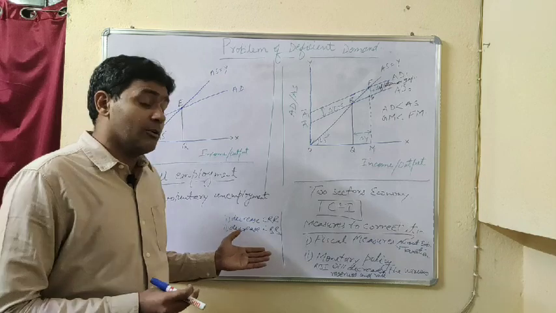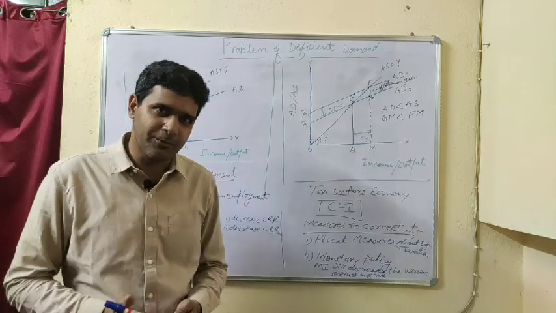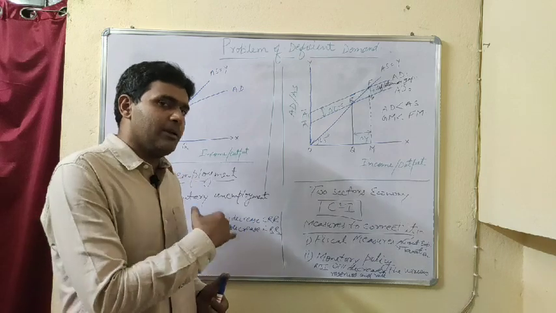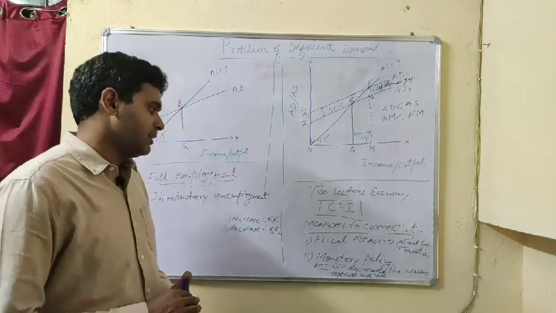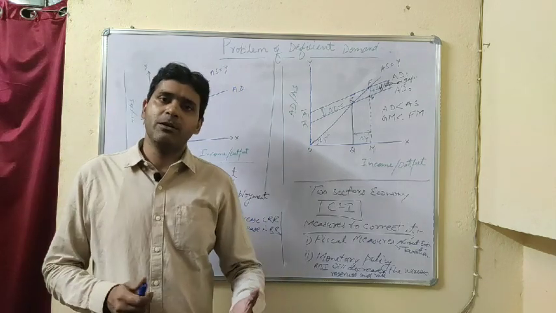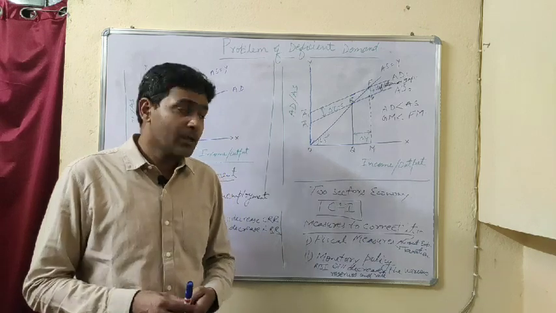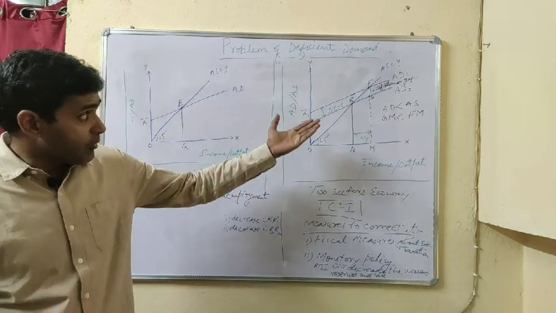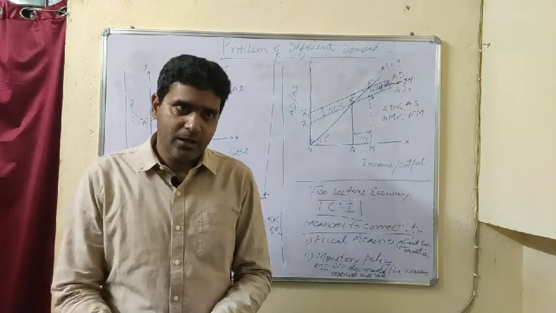And it will also perform open market operations, meaning the RBI will purchase government securities in the open market from the public to leave the general public with more purchasing power. So in this way, this problem of deficient demand can be corrected.